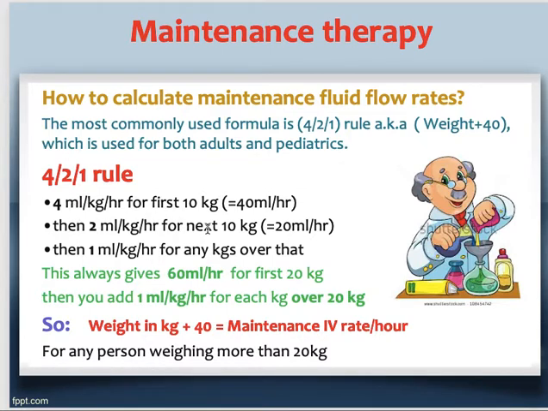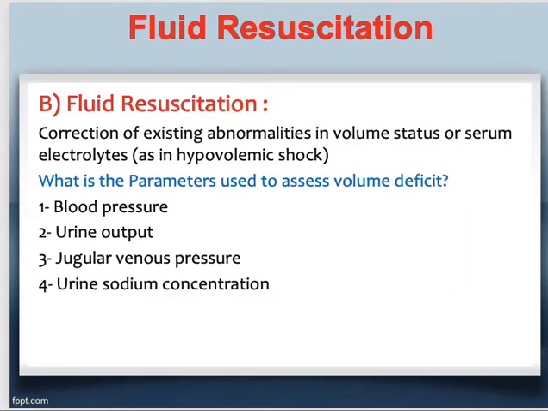For the next 10 kgs we add 2 per kg, and after that we add 1 milliliter per kg per hour. For example, for someone who is 25 kilograms, for the first 10 kilograms they need 40 milliliter per hour, then for the next 10 kgs, this is how we calculate.